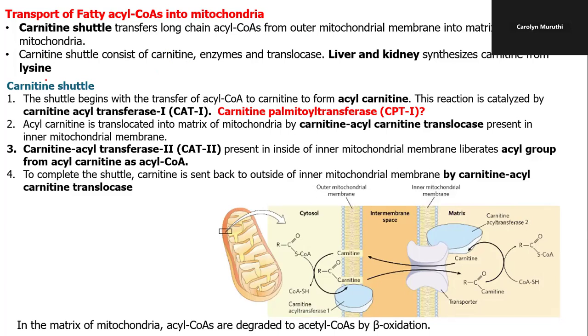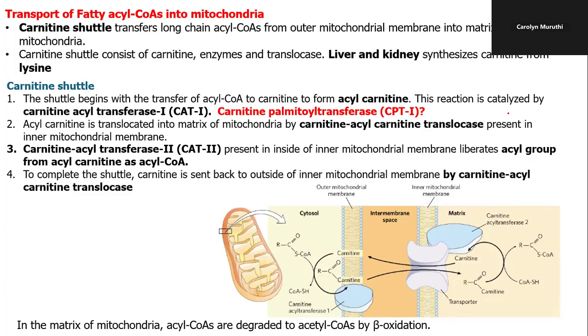Carnitine is synthesized from lysine, an amino acid. So in the first step of the carnitine shuttle process, it will begin with the transfer of acyl-CoA to carnitine. So the acyl group will be taken up by carnitine to form acyl-carnitine.